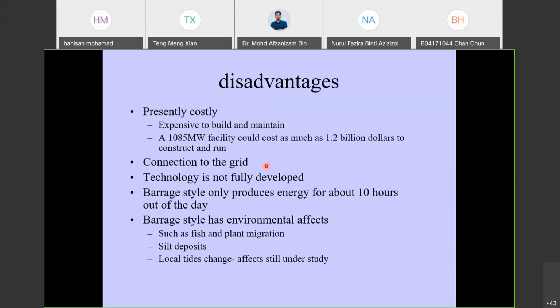So that kind of part needs to be considered before we go for the full development of tidal energy.